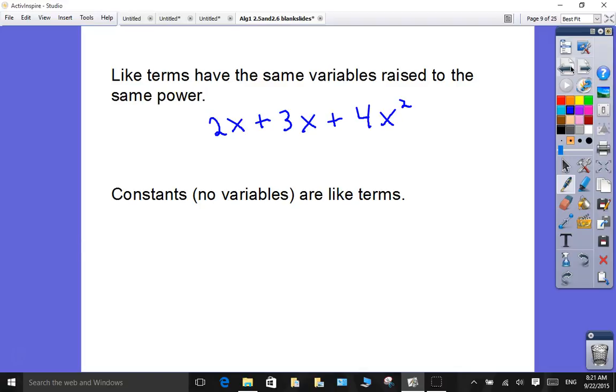So constants are like terms. If I had something like 2x plus 3 plus 4, the 3 and 4 are considered like terms.